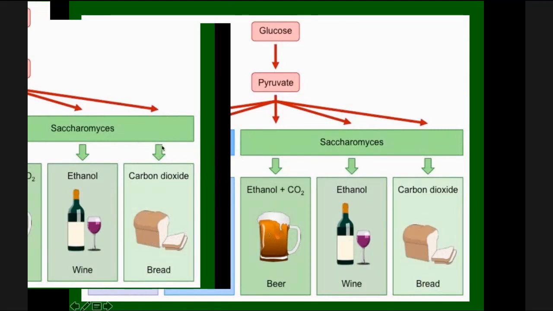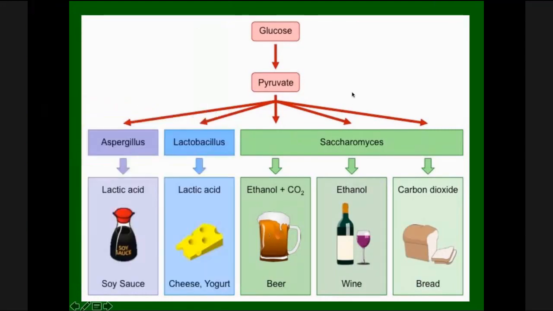And here are different types of yeast. Saccharomyces is the yeast that we commonly use to make bread. When you're making bread, the sugar source is the flour that you're mixing in.